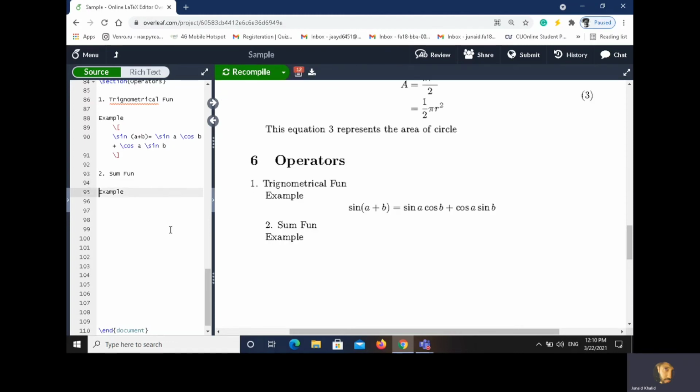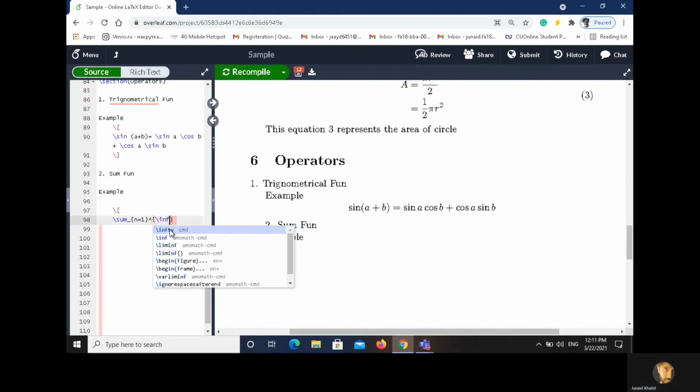Now we are going to take an example of the summation function. Bracket start, sum underscore braces, in braces we are going to write n is equal to 1 to infinity, and 2 power minus n.